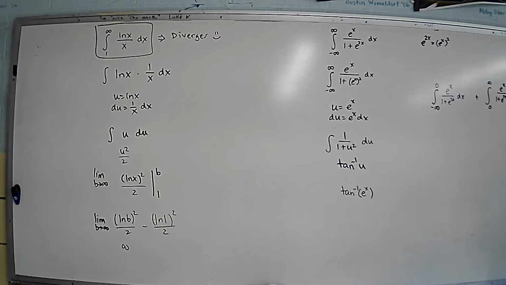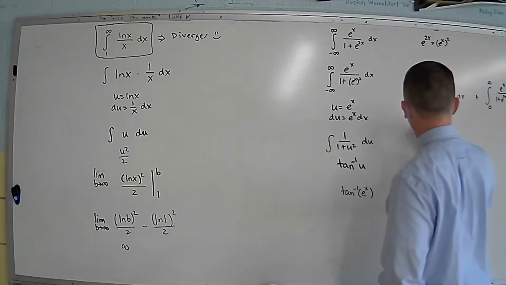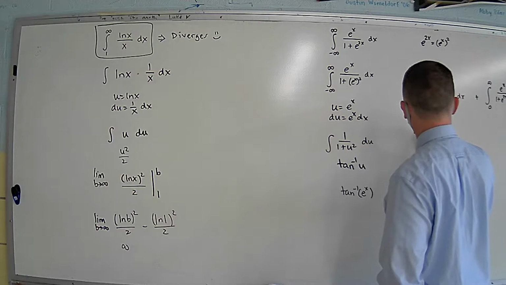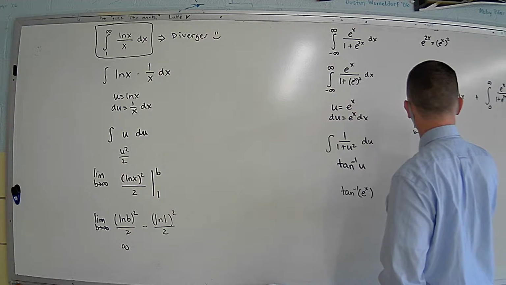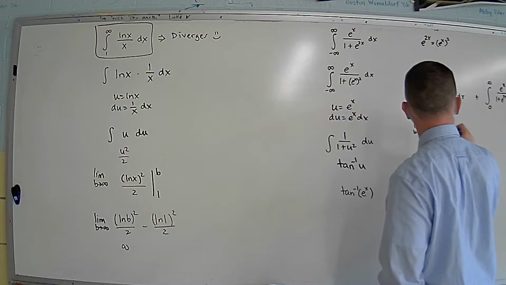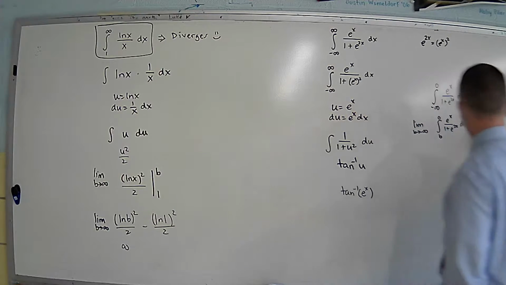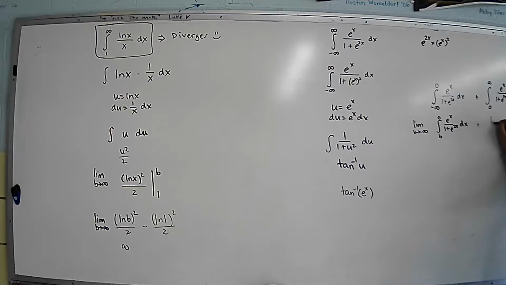And now we'll do the whole limitizing thing. The first one is the limit as b goes to negative infinity of the integral from b to 0, and this one is the limit as b goes to positive infinity of the integral from 0 to b.